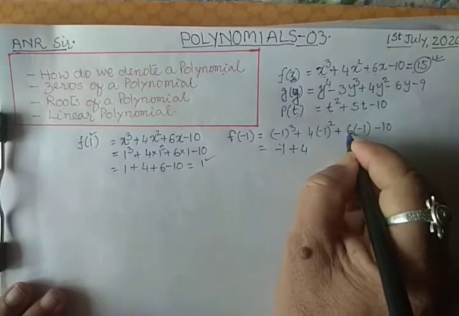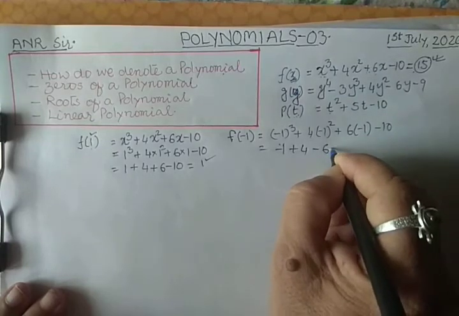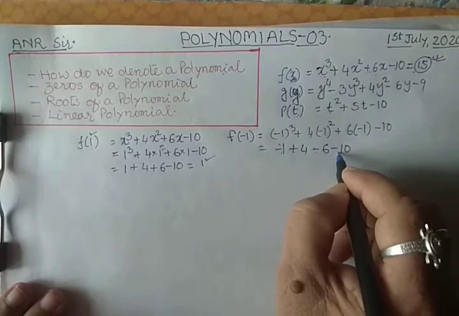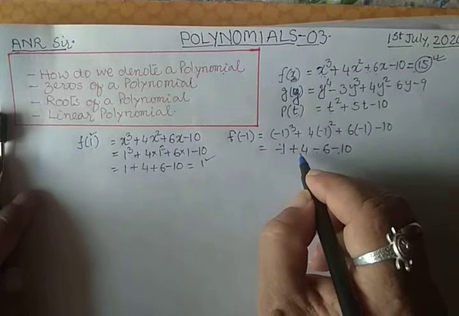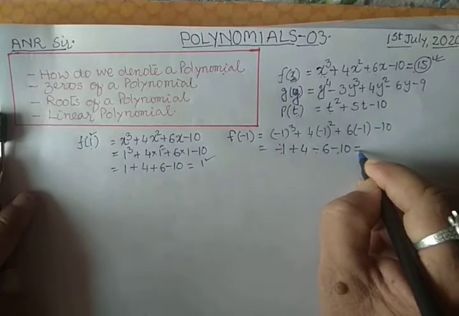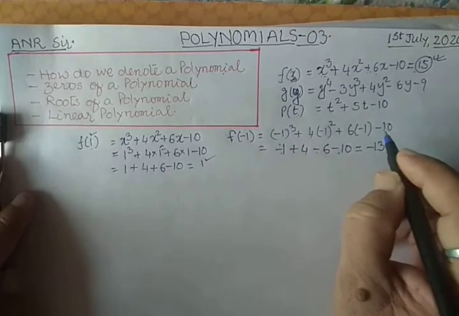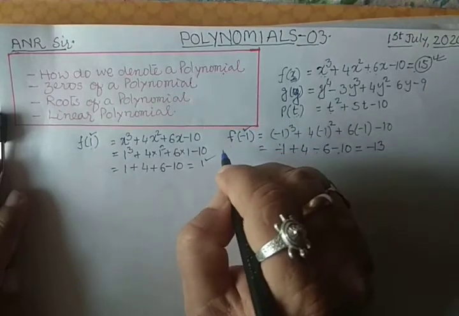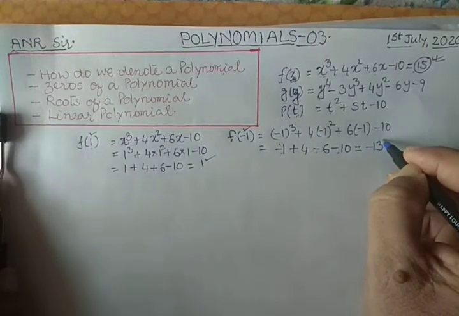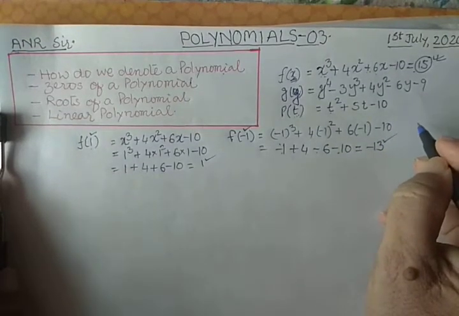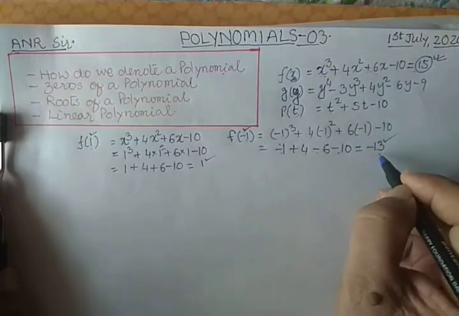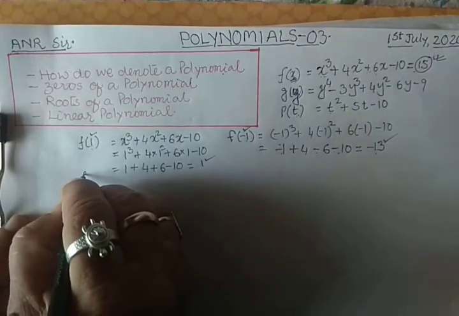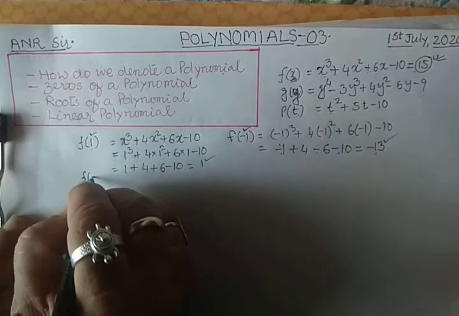And here 6 into minus 1 is minus 6, minus 10. So how much do you get? Minus 1 minus 6 minus 10, so minus 17 plus 4, that means minus 13. So if you take minus 1 as input, you get minus 13 as output. So now let us take input as 2.